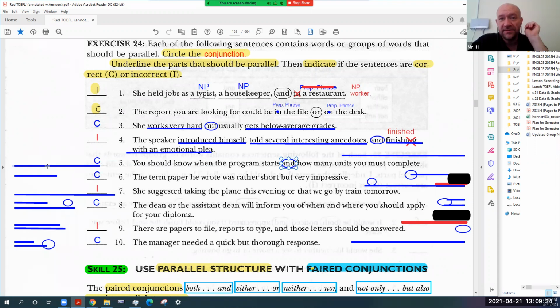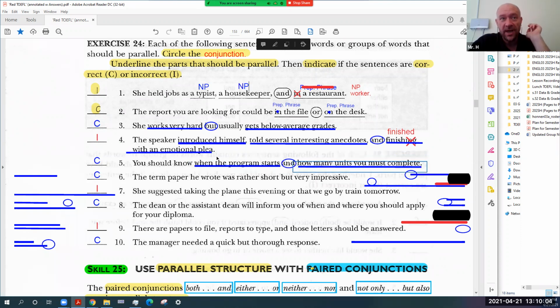When the program starts, how many units you must complete. This is a clause. This is a noun clause. You should know X and Y.